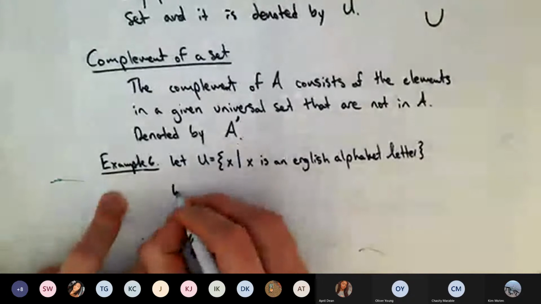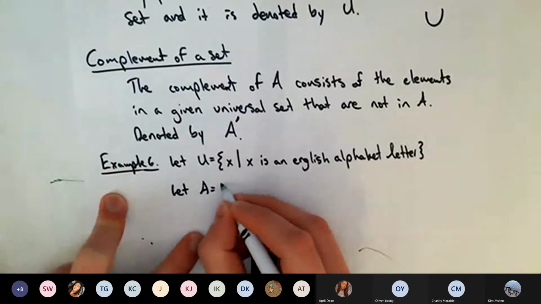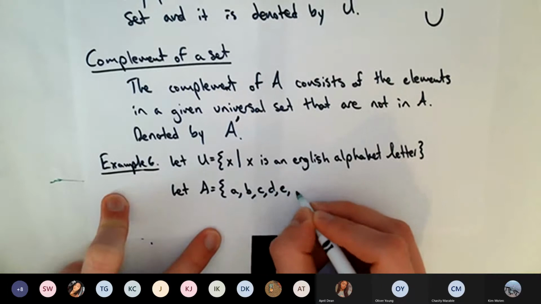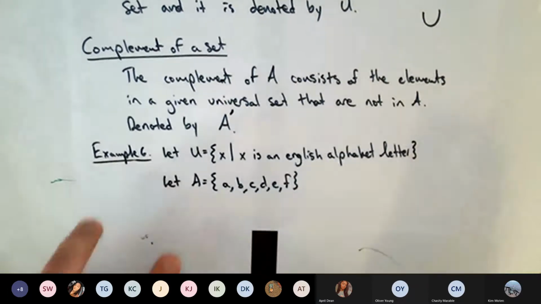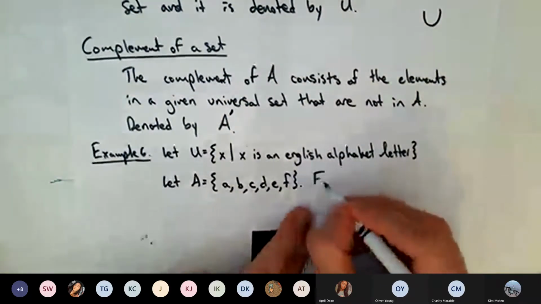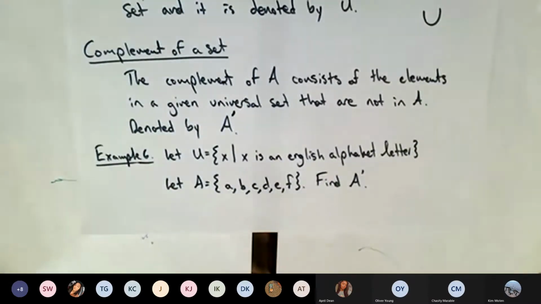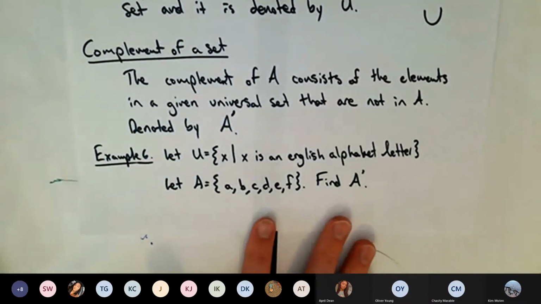And let A equal the letters A, B, C, D, E, F. We want to find a complement. All right, so I'll give you a second to think about that.